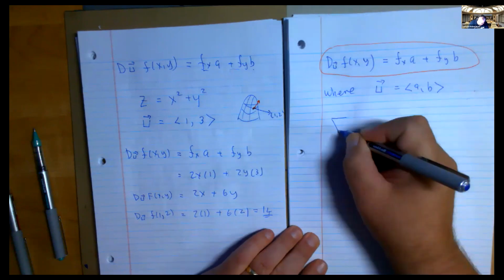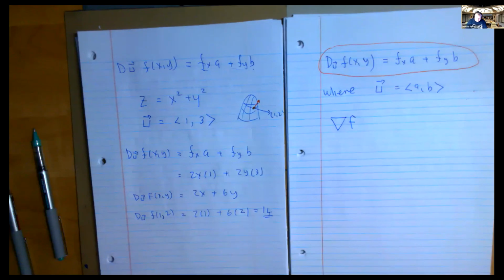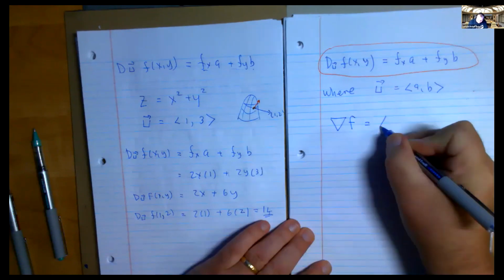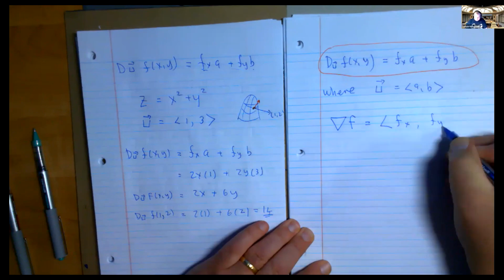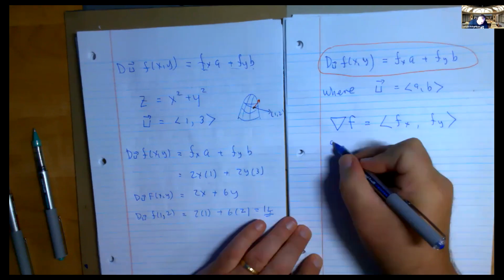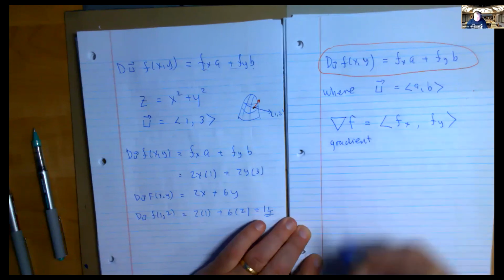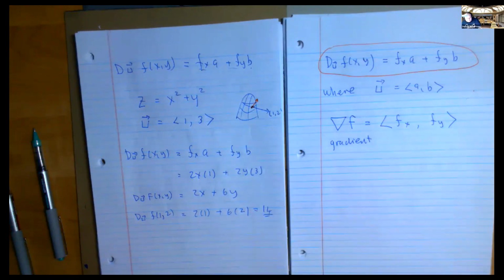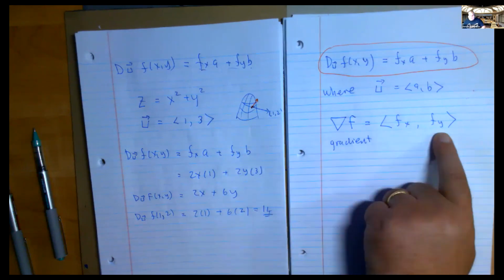There's a guy called delta f, and delta f is a vector, and it's equal to this. It's called the gradient. So the gradient function, delta f, is equal to this.